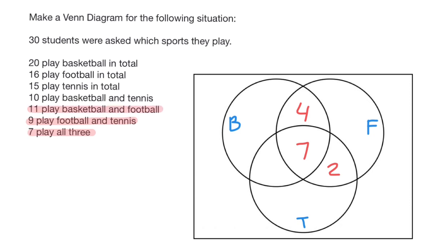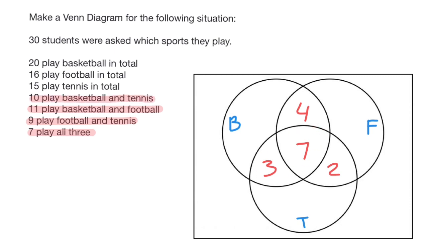Next, we know that 10 people play basketball and tennis. So this is basketball, this is tennis, and we know that 10 people play. 10 minus 7 is going to give us 3. So we put 3 people here. The total is going to be 10.